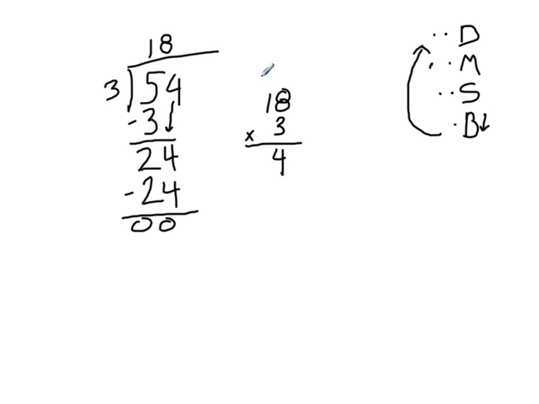So I put the 4 down, carry the 2. 3 times 1 is 3, plus 2 is 5. So I have 54 here and 54 here. So these match, so I know that I got the right answer. Yay!